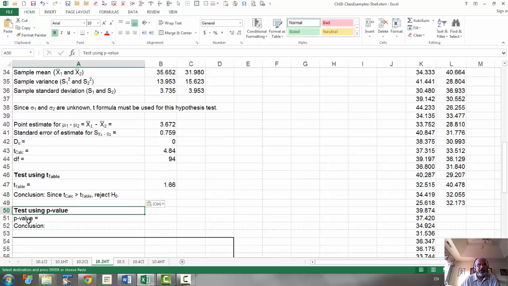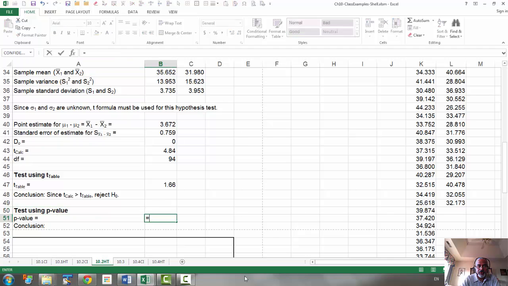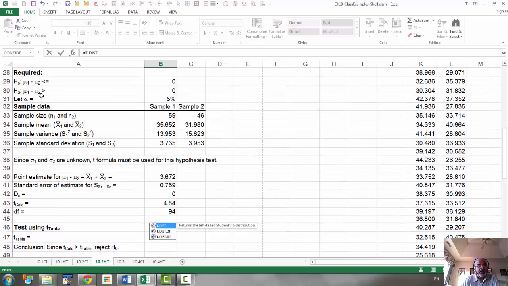Now using the p-value approach, we use the T.DIST function. Again we need to look at the alternative hypothesis. We want the right hand side value. So there is a function called T.DIST.RT, the right hand side.